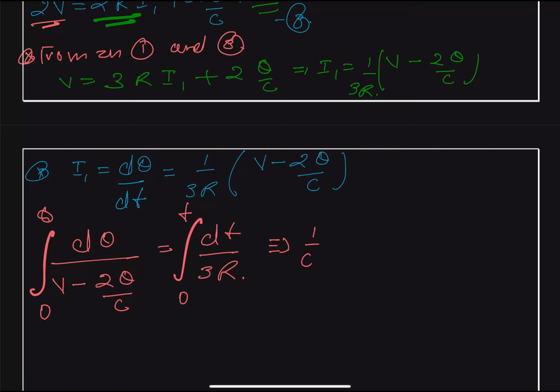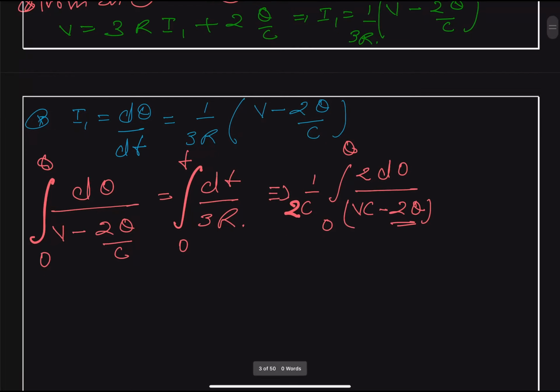Let me write 1 by C, 0 to q, dq divided by VC minus 2q, and this we can multiply by and divide by 2. So this will be equal to the integral from 0 to t of dt by 3R.